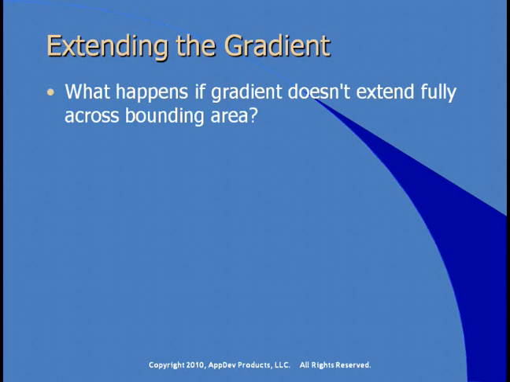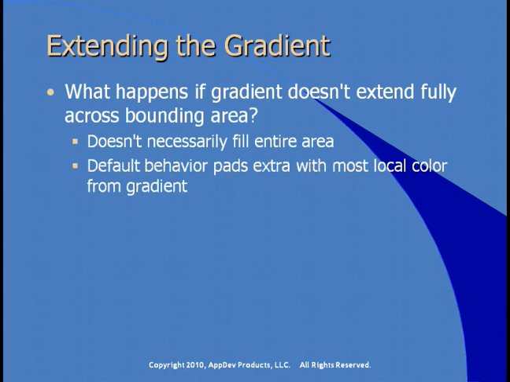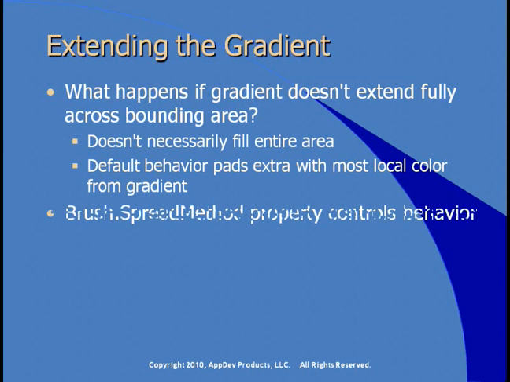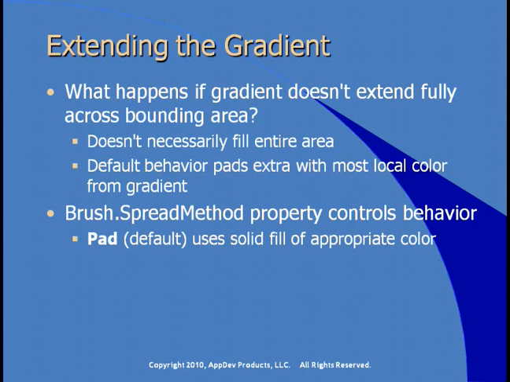What happens if the gradient doesn't extend fully across its bounding area? A gradient doesn't necessarily fill its entire area. The default behavior pads the extra space with the most local color from the gradient, as you saw in the yellow and blue example. There is a brush.spread method property which controls this behavior. Pad, which is the default, uses a solid fill of the appropriate color.